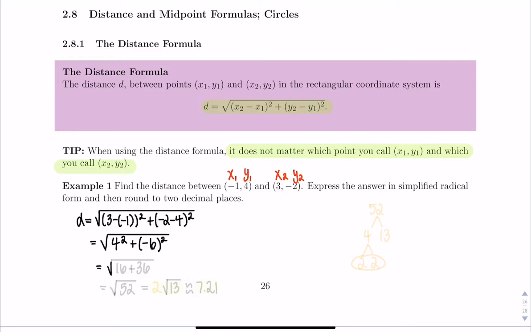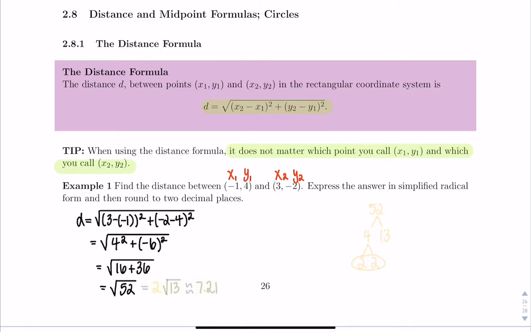But 4 squared is 16, and -6 squared is 36, and 16 plus 36 is 52, and the square root of 52 is not a perfect square.